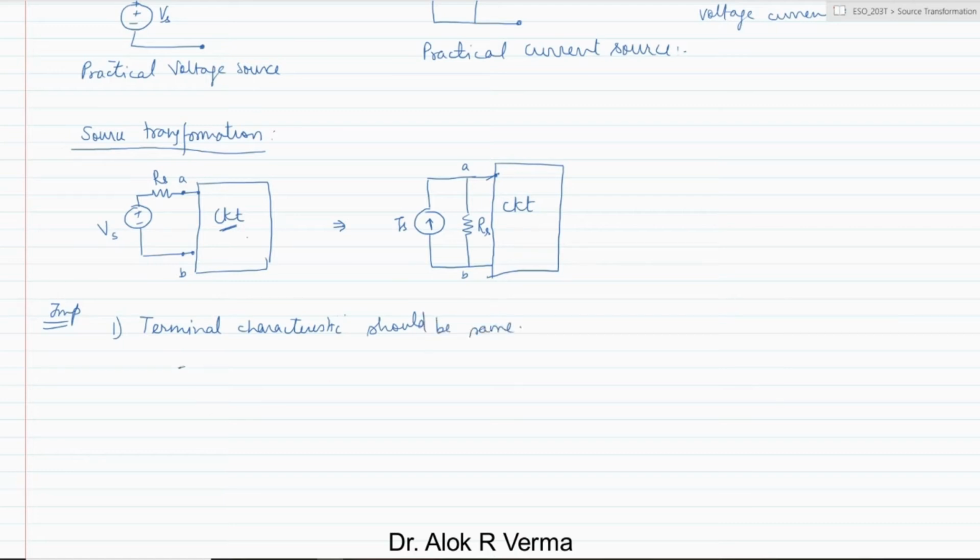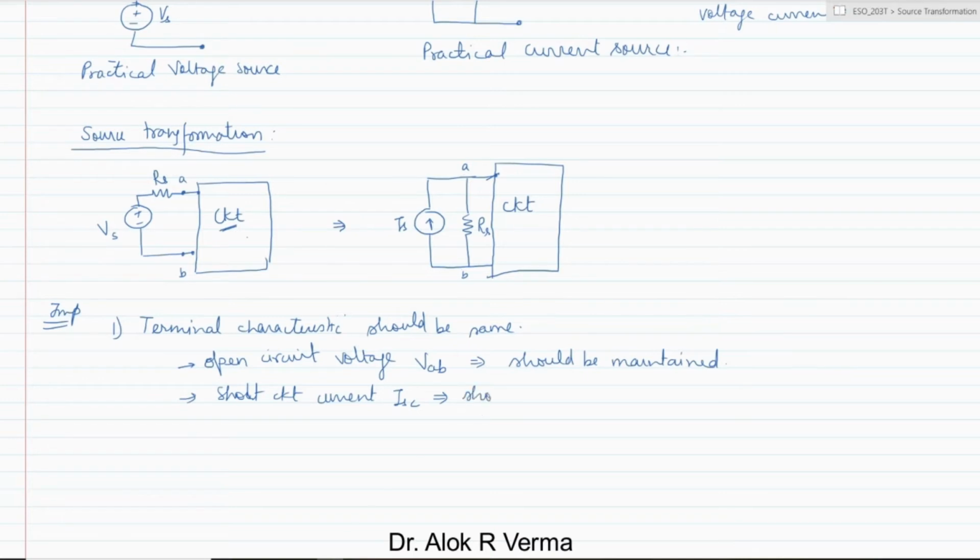What does it mean? It means that the open circuit voltage VAB should be maintained, and then the short circuit current ISC between terminals A and B. This ISC is the short circuit current which flows when terminals A and B are shorted.